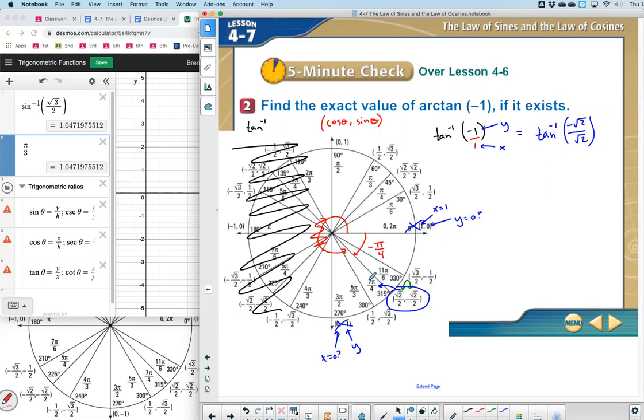The 1 pi over 4 is what it's missing to get to 2 pi. Since I'm switching directions, that's negative pi over 4. So all in all, arctangent of -1 equals negative pi over 4. Let's check our answer in Desmos.